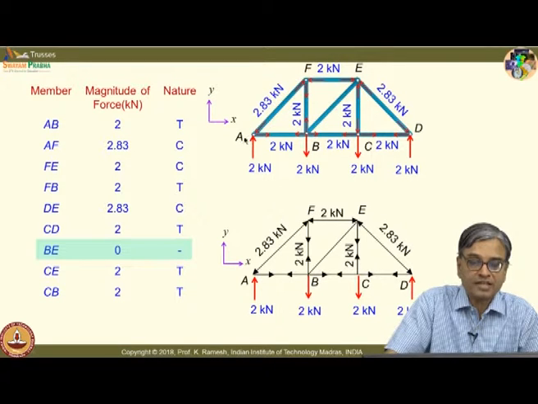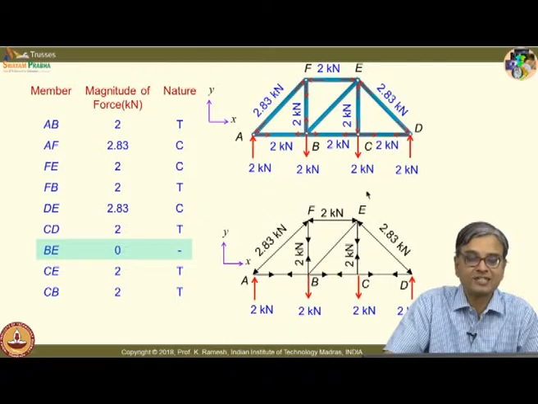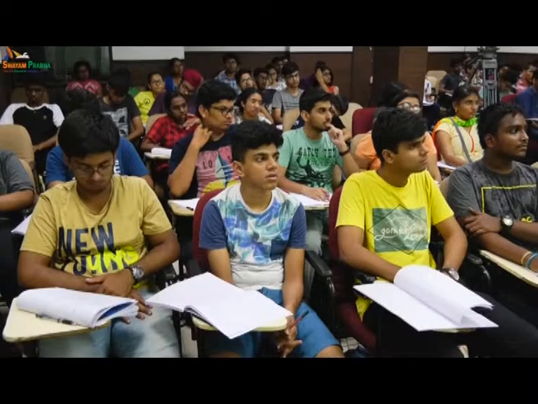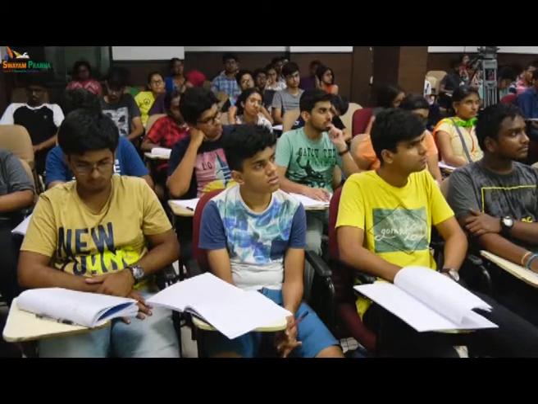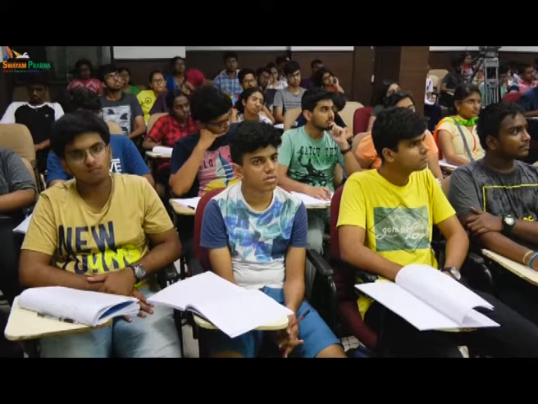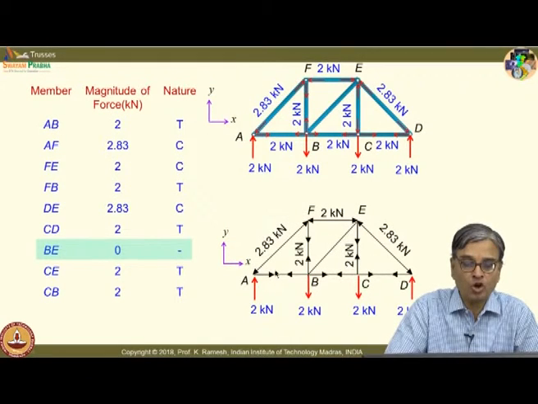I have drawn the sketch like this. I expect you to draw the sketch like this, because it is easier for you to draw a line sketch rather than putting a bar in place of a line, and keep it in your mind, because I have put all the forces with respect to the joint.